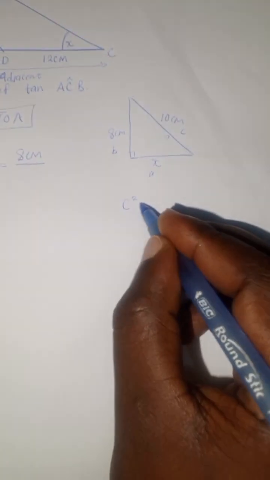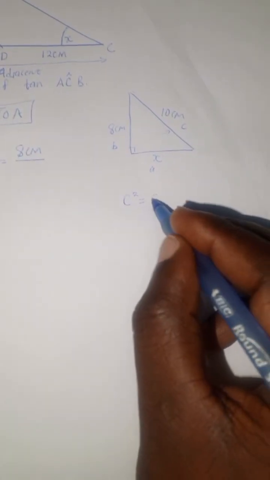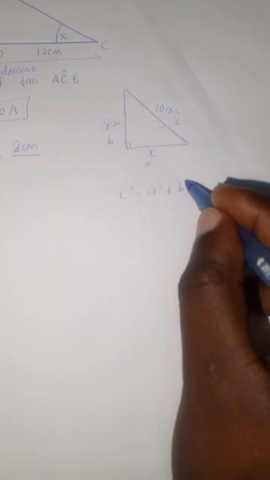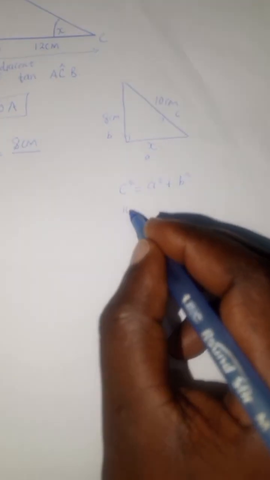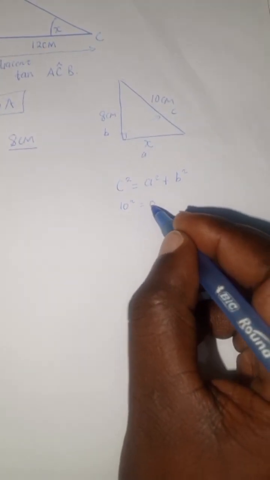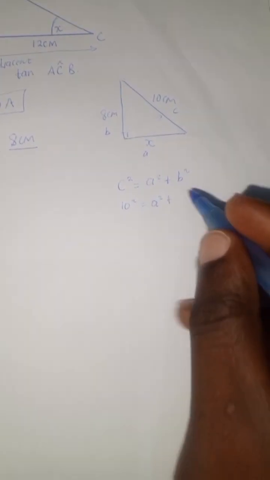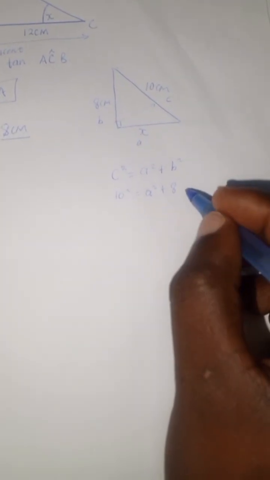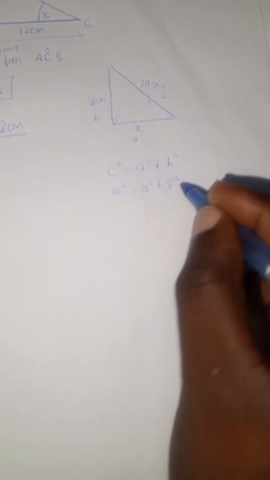Then the formula for Pythagoras theorem says C squared is equal to A squared plus B squared. What's the C? That is 10 squared. A is what you're looking for. And then for B, we have the 8 squared.